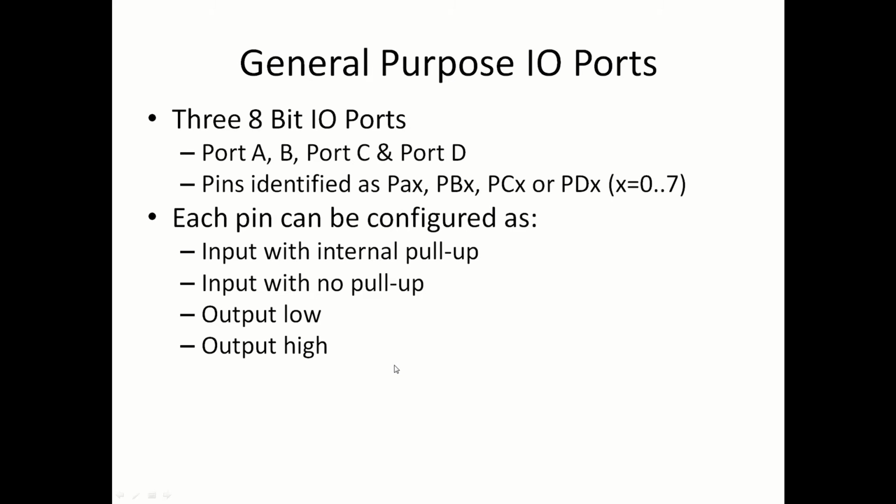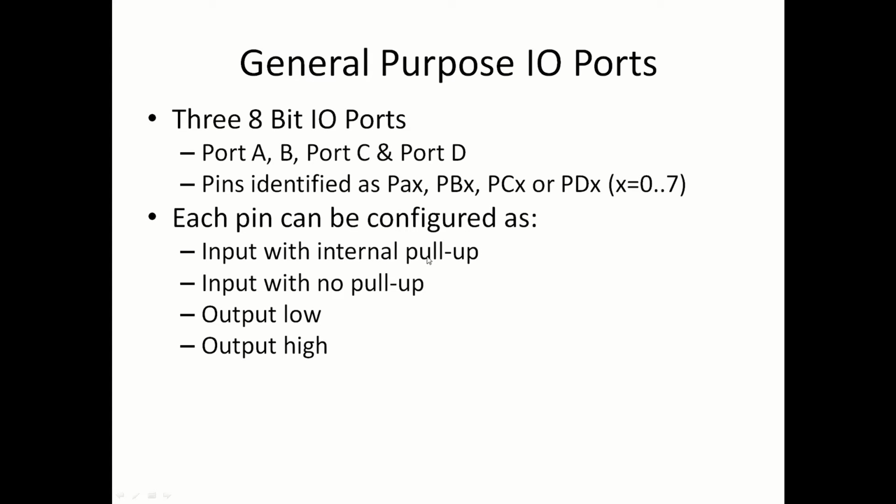Let us see how a general purpose input output port works. Each port has 8 lines. They are named port A, port B, port C, and port D. And you can define the port pins as port A.0, port A.1 to port A.7.